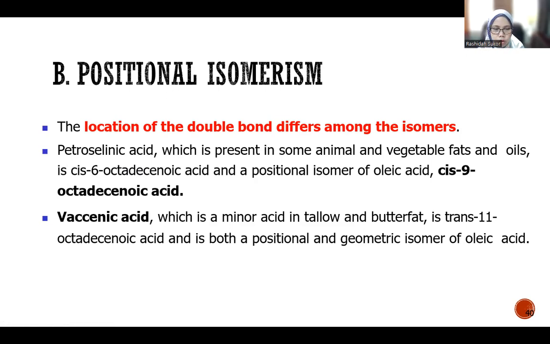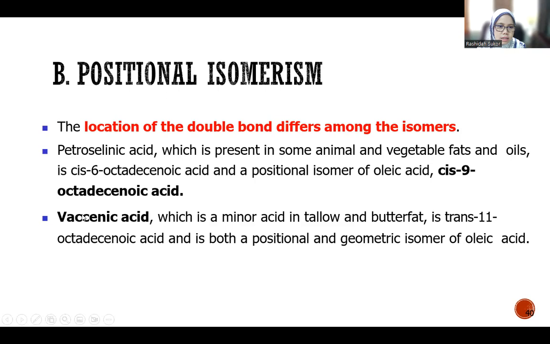And they are positional isomer of oleic acid, 9-octadecanoic acid. So that means although they are different in terms of the location of the double bond, they are isomers.